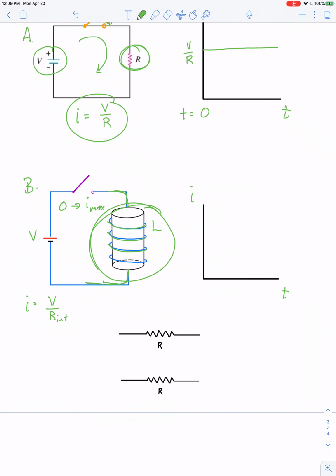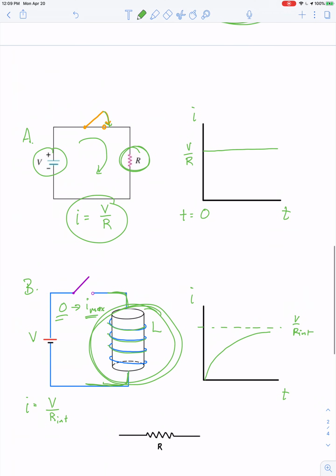You can think of inductance as being an electrical equivalent of inertia. Current can't go from 0 to some value in an instant. Because of the inductance of the circuit, the current ultimately wants to reach its max value of V over R internal, but it can only get there gradually in time.